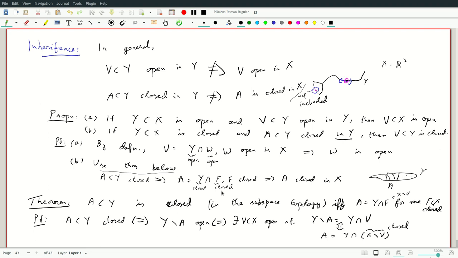So because closed sets are closed under the operation of finite intersection, we see that if we take subspaces which are open, then open sets of that are open in Y, and closed sets are closed in X. Okay, this is closely related to one more important property, which is really what inheritance is.